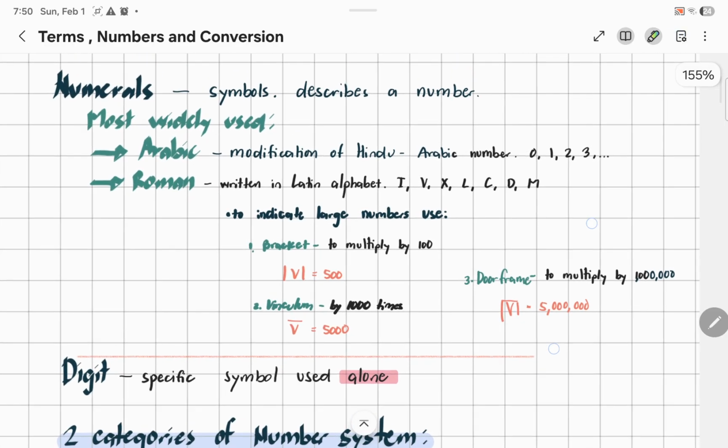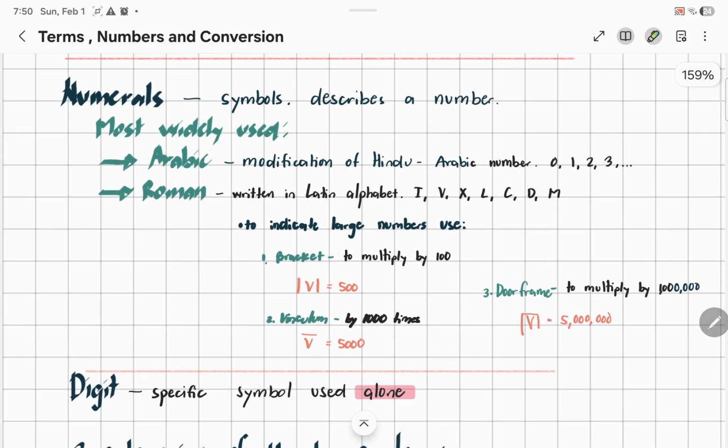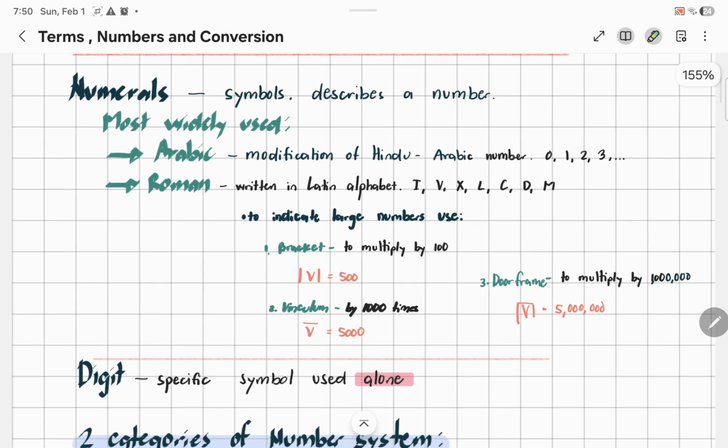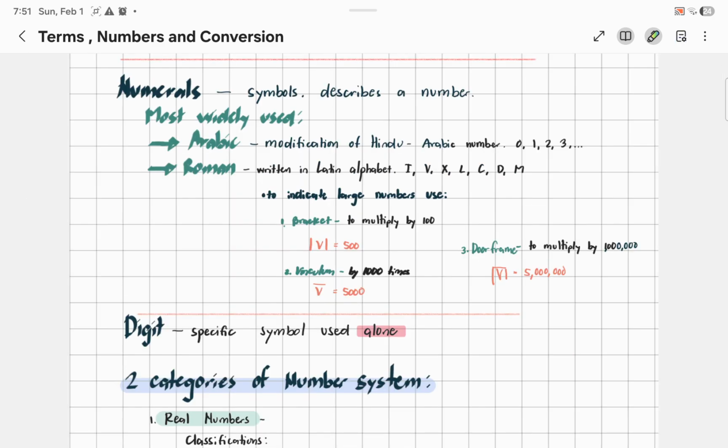Now let's move forward. I will not be discussing the Roman numerals further because we are just discussing the key terms in mathematics. But just comment down below if you want me to discuss how to express numbers in Roman numerals.